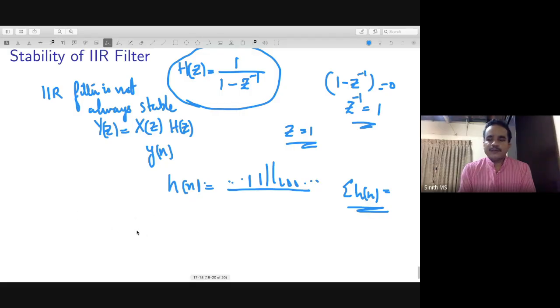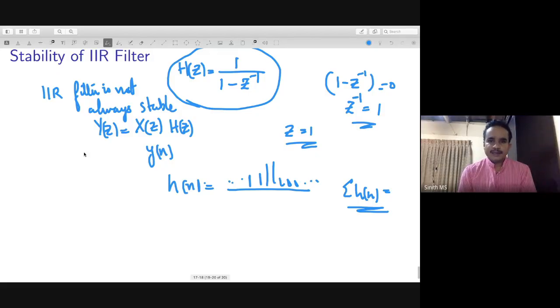Okay, so this way you can tell that an IIR filter is not always stable, but an FIR filter is always stable. Okay, now I think the FIR filter and IIR filter concept is clear to you.